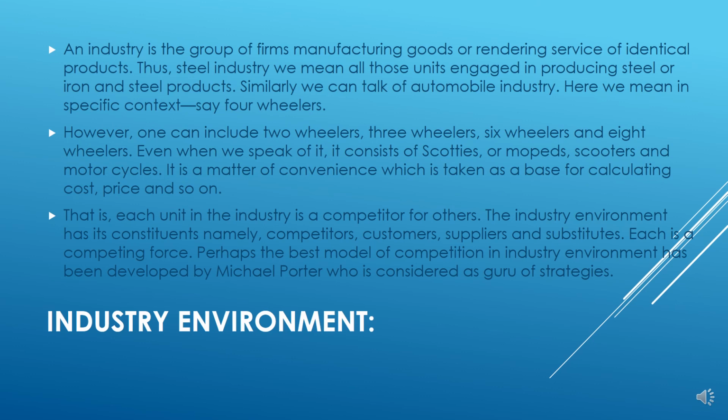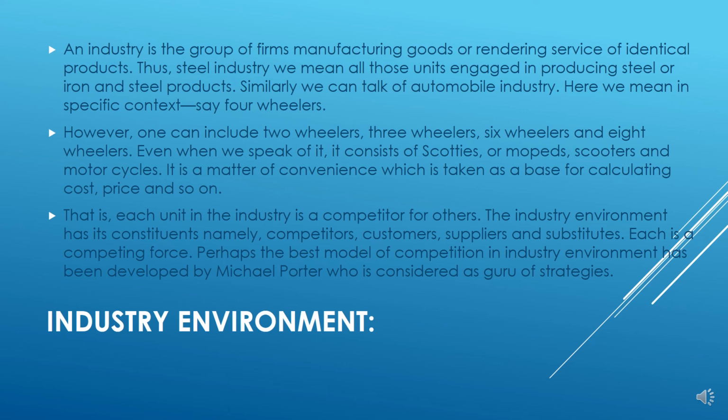Industry environment. An industry is the group of firms manufacturing goods or rendering services of identical products. Thus, by steel industry, we mean all those units engaged in producing steel or iron and steel products, right? Similarly, we can talk of the automobile industry. In a specific context, automobile industry may mean four wheelers or two wheelers.